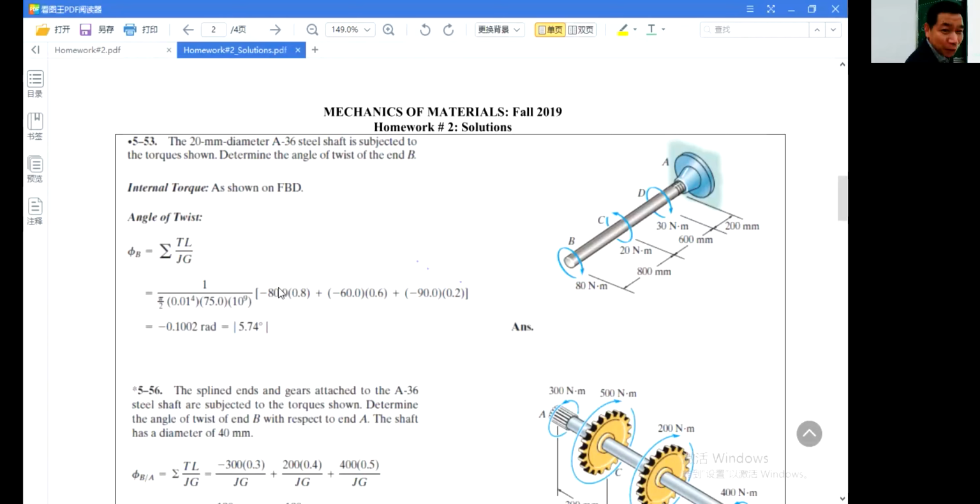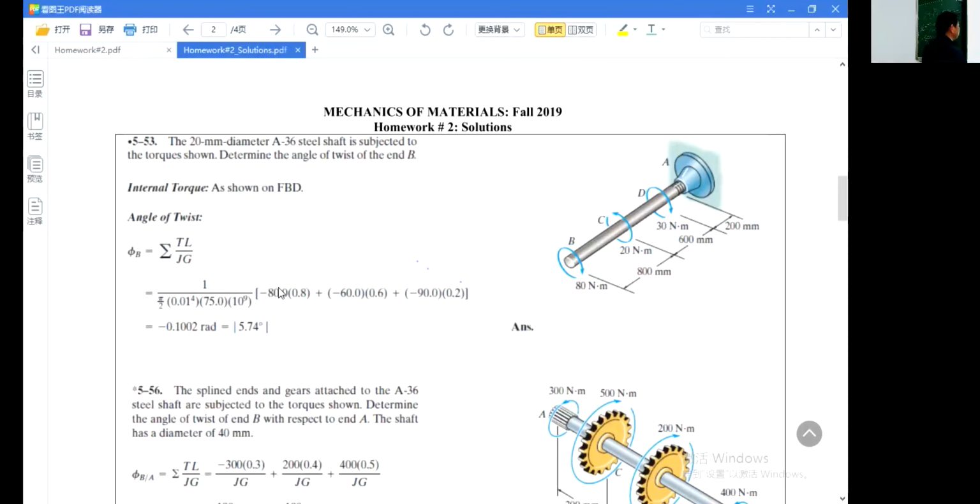Don't test me. What does this 0 mean? The radius is 0.1. When you finish solving, then you leave.